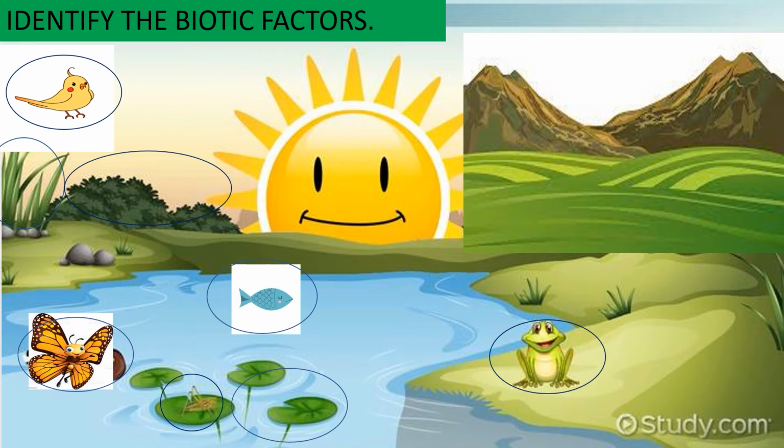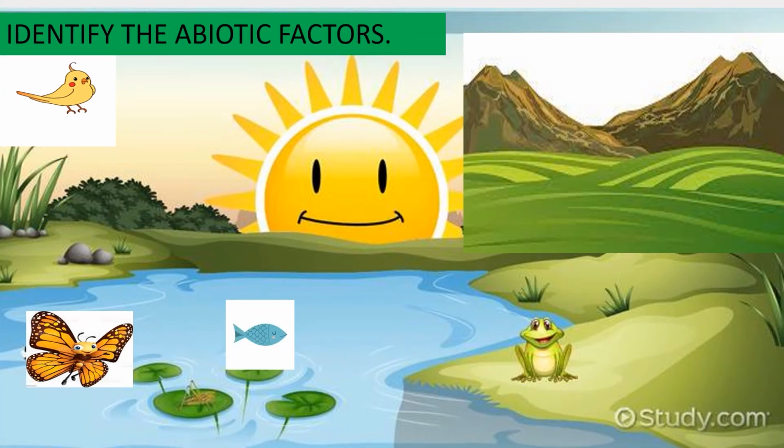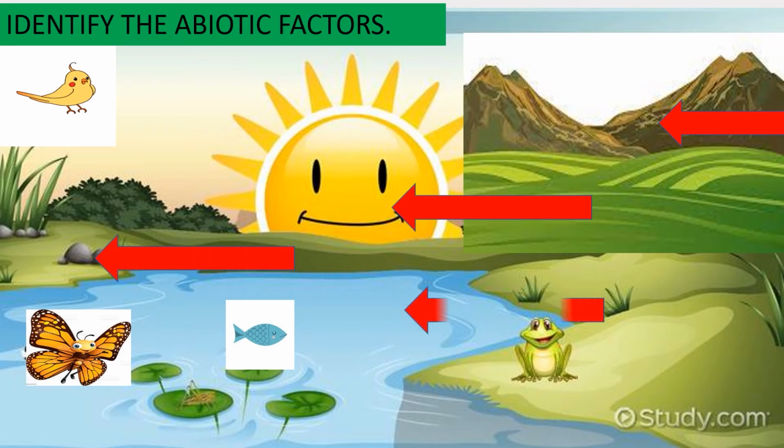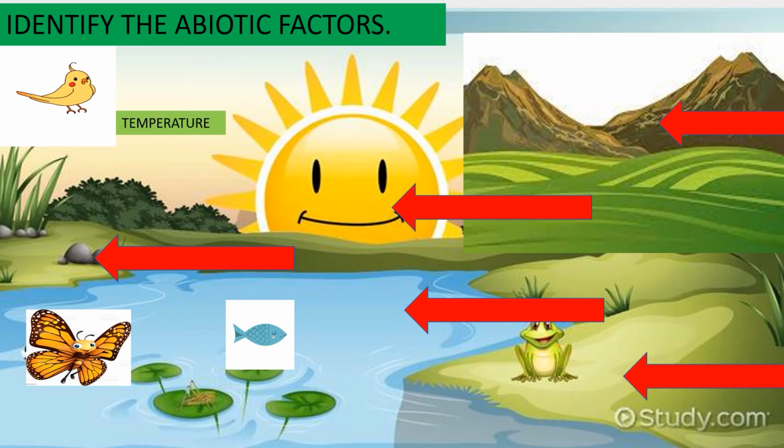Correct! And now, let us identify the abiotic factors or the non-living things. The answers are mountains, sand, rocks, water, soil, and temperature.